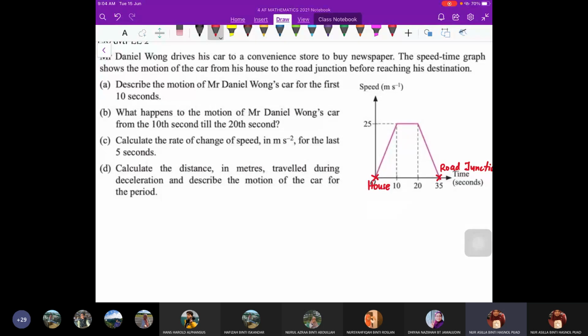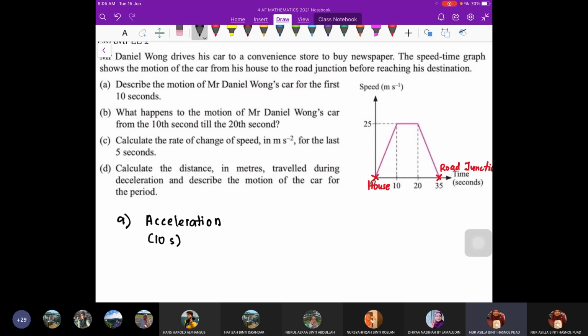Lebih malas betul saya nak tulis. Okay. Kemudian kamu boleh juga bagi dengan dia acceleration tu berapa. Okay. So kamu nak kira acceleration. This is for the first 10 second.